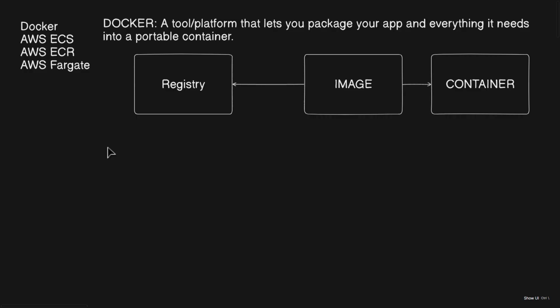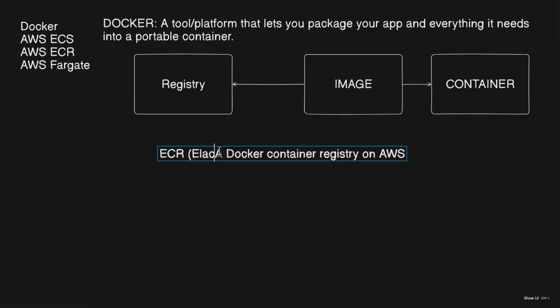Now, what is ECR? If I have to define ECR simply, you can think of ECR as a Docker Container Registry on AWS. Okay, and the full form of ECR is Elastic Container Registry.